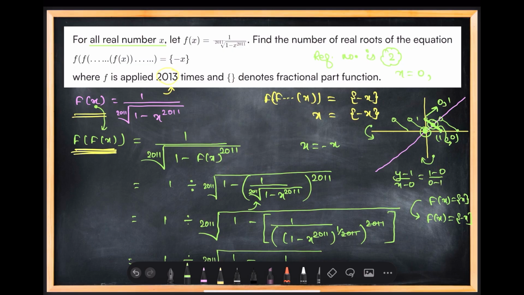So the slope is minus 1. So it is y equals minus x plus 1. This is the equation of that line. If you solve, you will get x equals 1 by 2. So this is the second point at which we will have a solution.